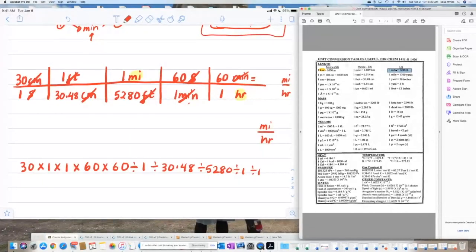Oh, divide by, okay, hold on. Divide by 1, divide by 30.48, divide by 5280, divide by 1, divide by 1. Let me see. Okay, I get 0.6710, whatever.